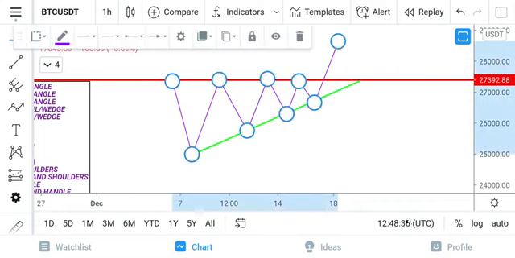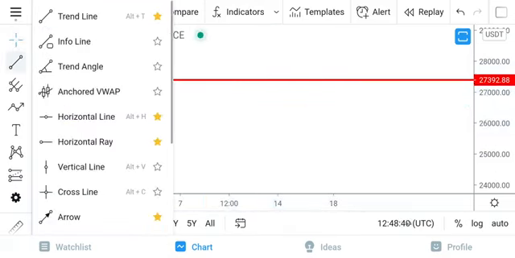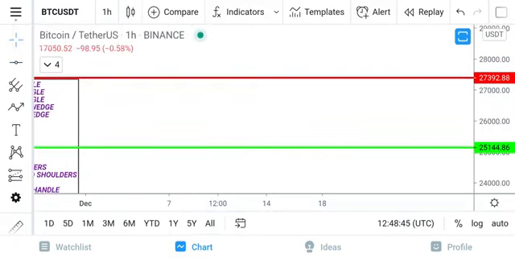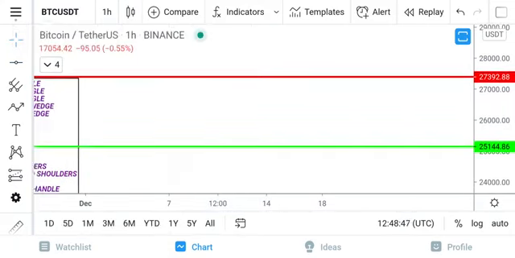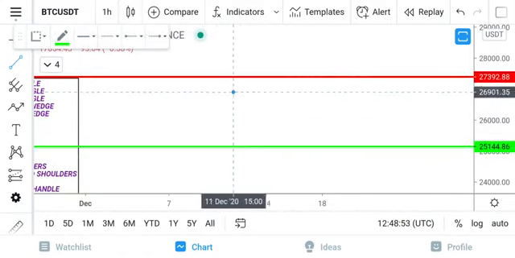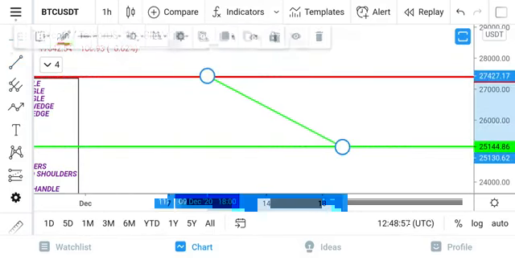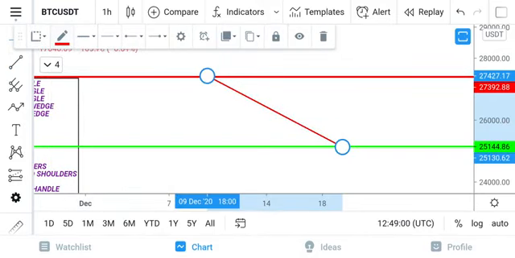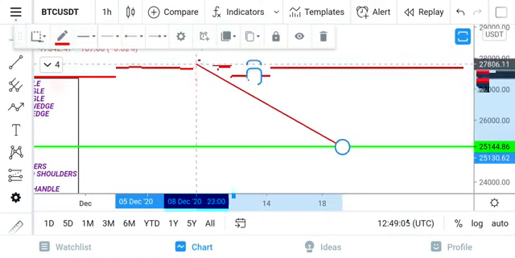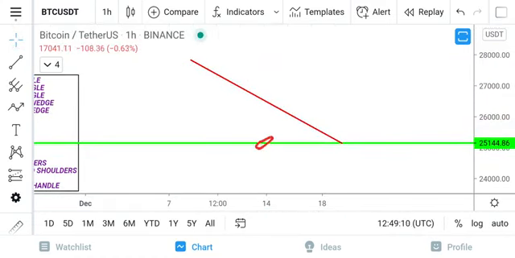The next chart pattern I'm going to talk about is the descending triangle. A descending triangle is just the opposite of an ascending triangle. For a descending triangle, you are going to have a horizontal support and a diagonal resistance. This is the support and this is the resistance.